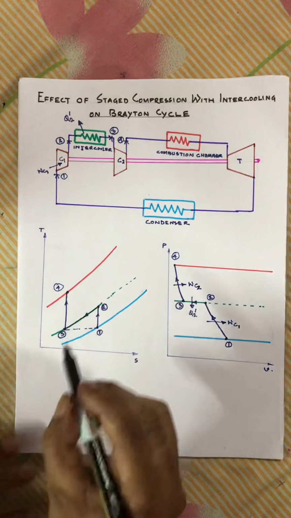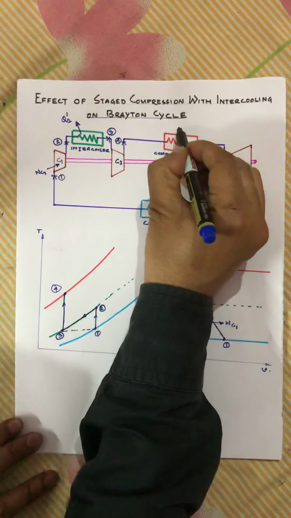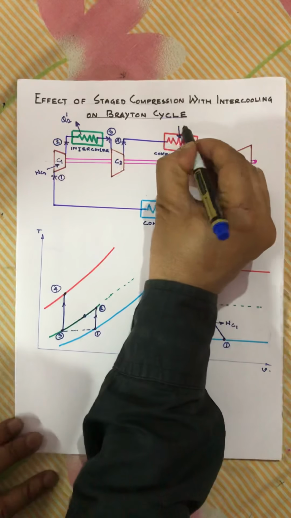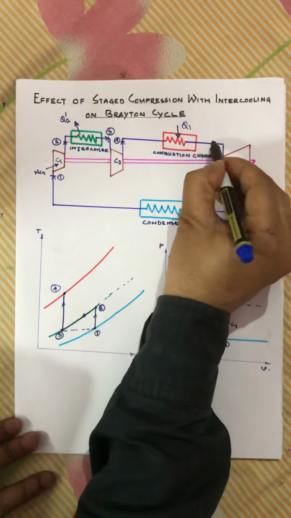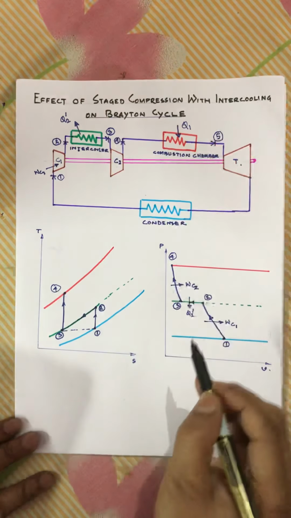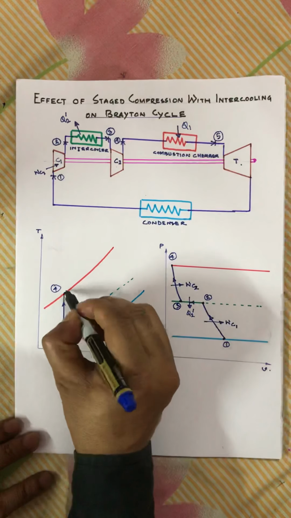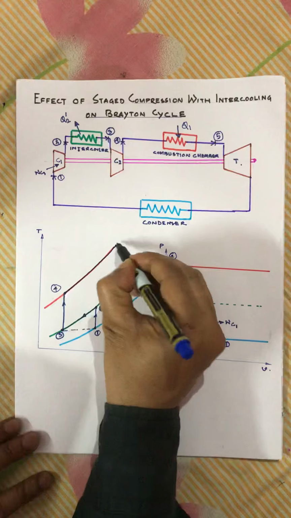And after that, it will come to the turbine via the combustion chamber, where Q1 amount of heat will be supplied. So the 4 to 5 process is heat supplied at constant pressure. Suppose in the TS diagram, this is the 4 to 5 process.